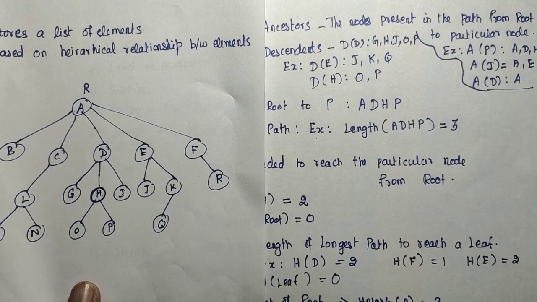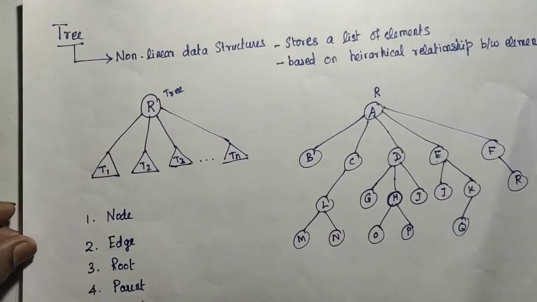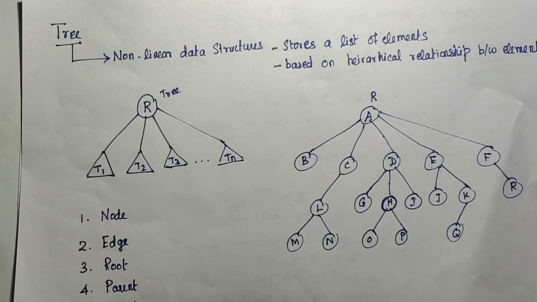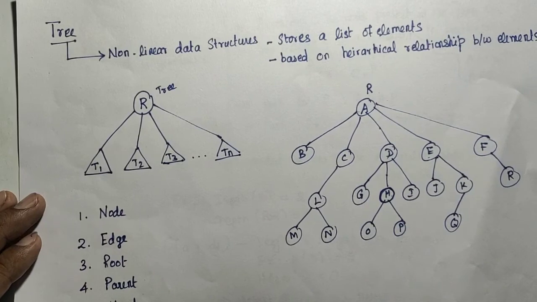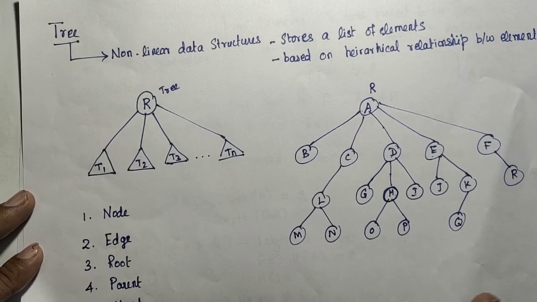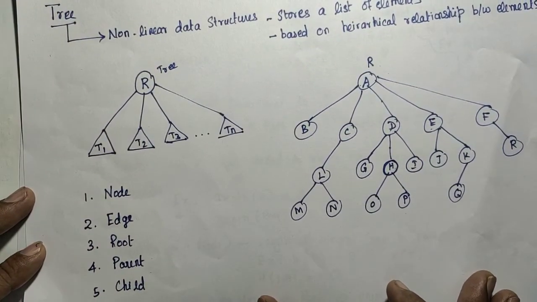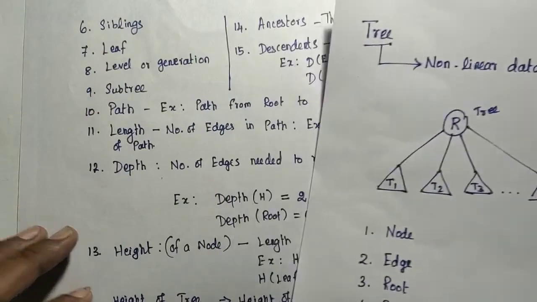Okay. So these are some basic terminologies you need to know whenever you are considering a tree. In today's class we have discussed what a tree is, how it looks, and what the basic terms in the tree are. So be clear on these basic terms.